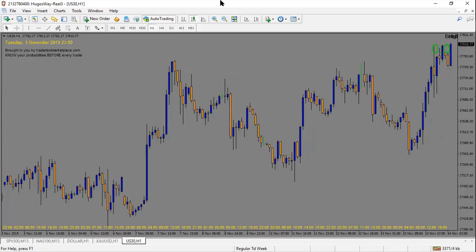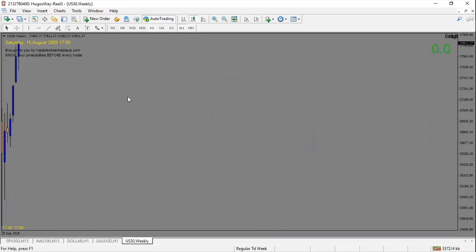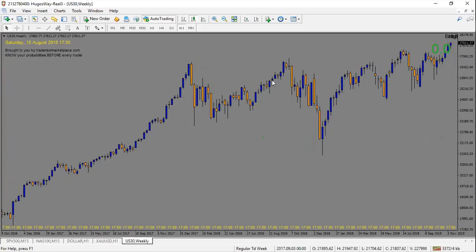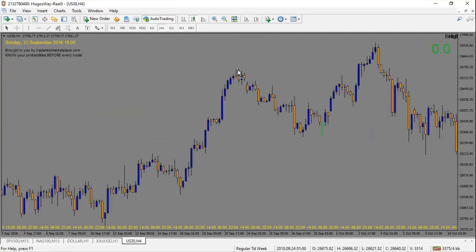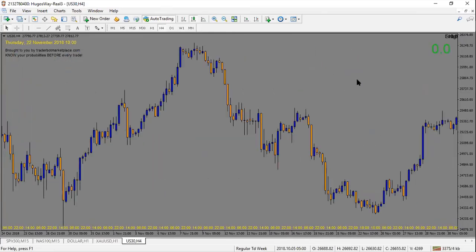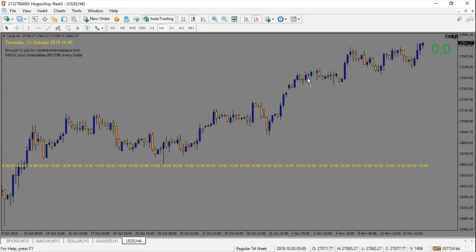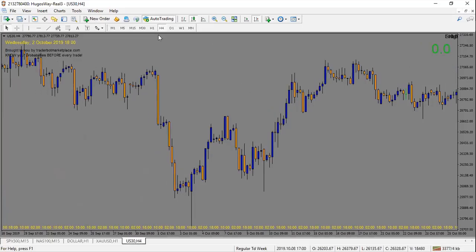I'm gonna show you guys 8,000 pips. What's the weekly time frame? Right here. These are tweets. Where's the 4 hour? There you go. This right here.